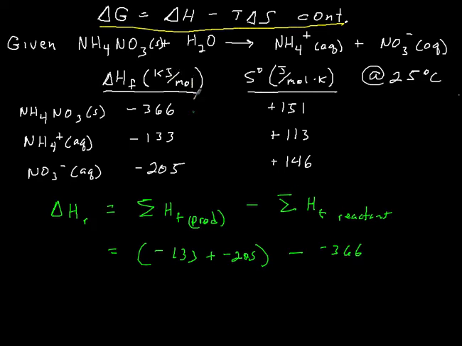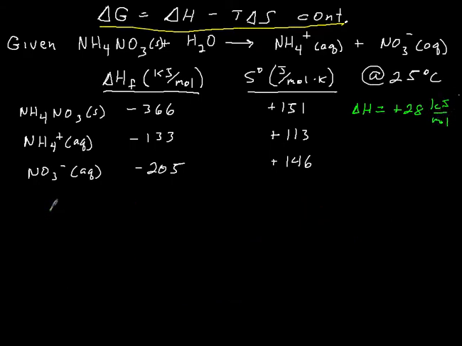All of these being kilojoules per mole. And so when you add up these, you get 28 kilojoules per mole. That being the delta H. So delta H equals, once again, positive 28 kilojoules per mole.